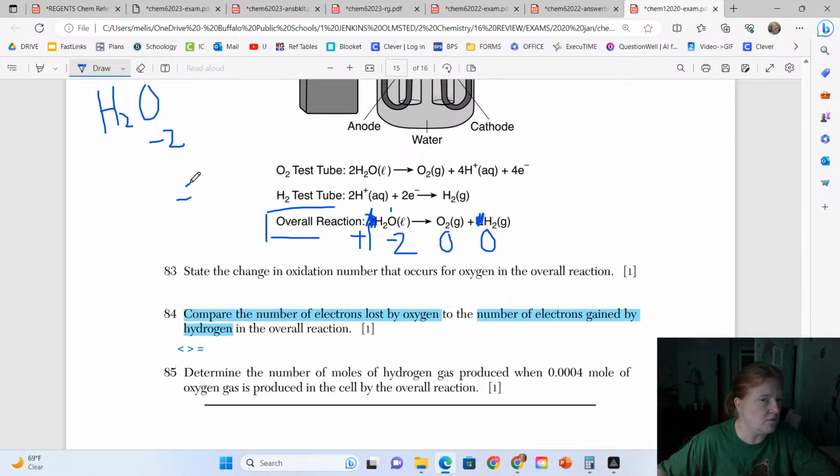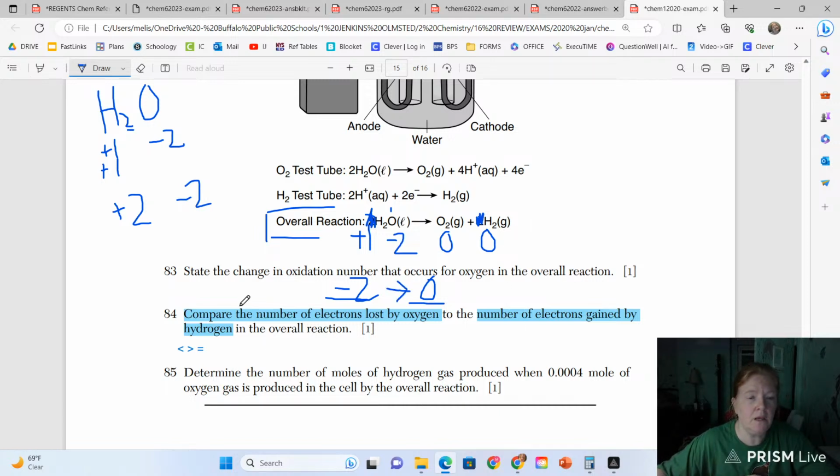So my total negative is -2, so my total positive has to be +2. But I have 2 hydrogens, so each hydrogen would have to be +1. For 83 would be from -2 to 0, because there would be 2 blanks. -2 to 0. That's how oxygen changed.